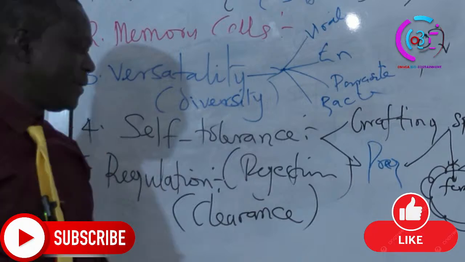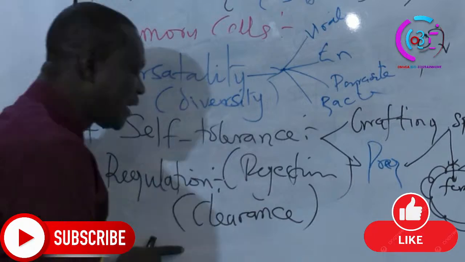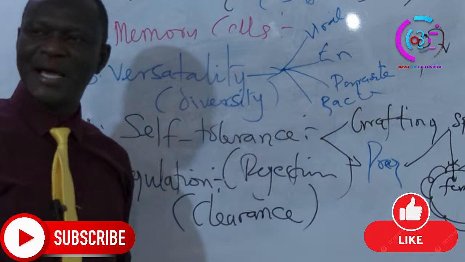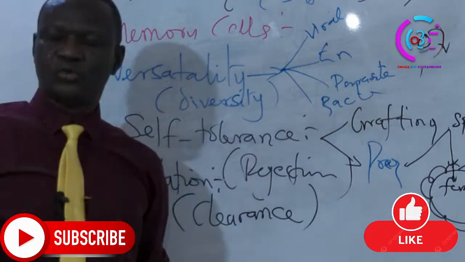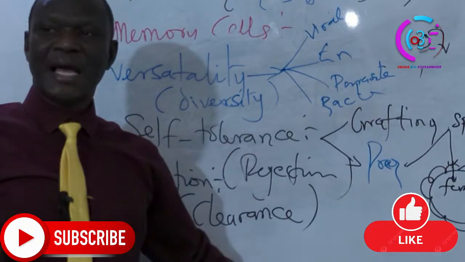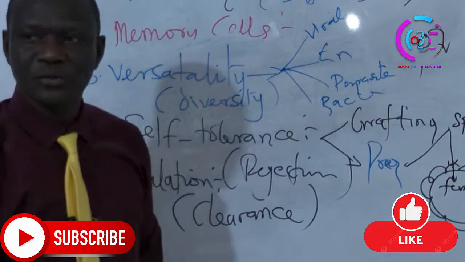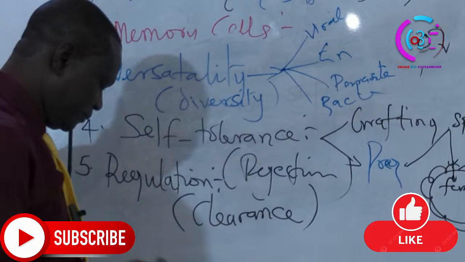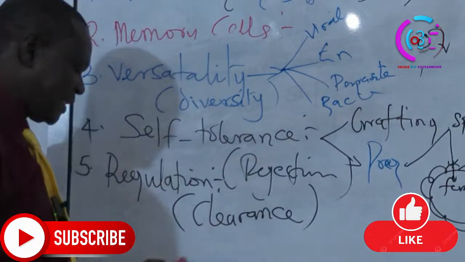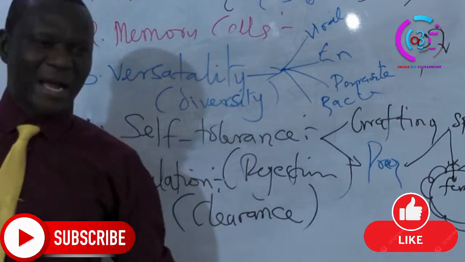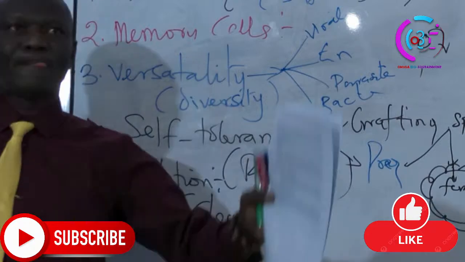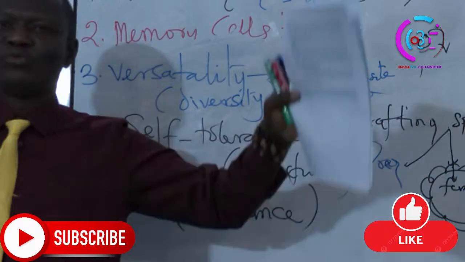After all this, they will now clear and remove their debris, and put them to the kidney, and the kidney will process them and they will come out in form of excretion. That is what is called regulation: the ability to bring the immune system of the whole body back to normal.